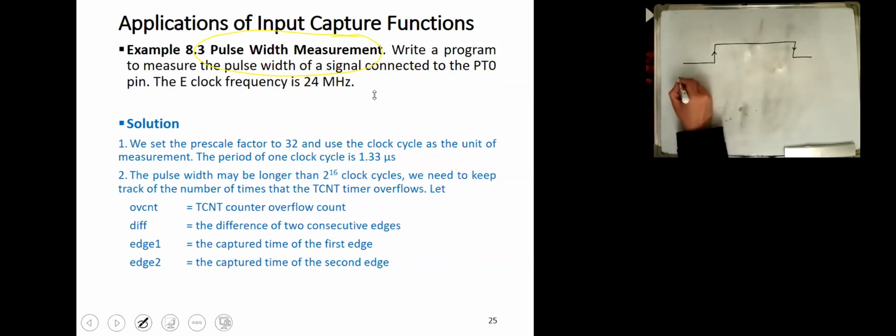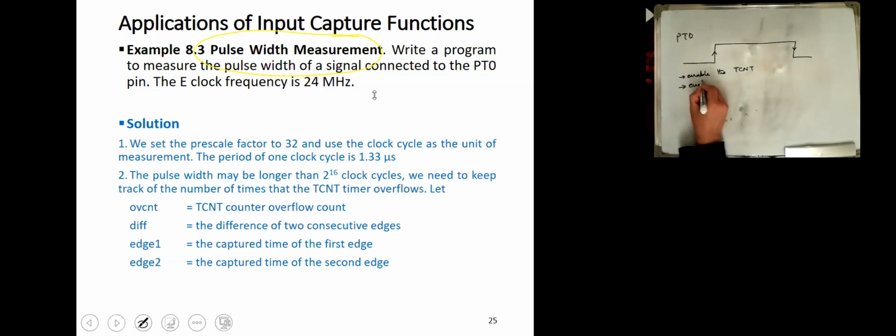So we need to enable the timer, which is our time base or time reference. We need to configure this, as the pulse is monitored on PT0, which means pin number 0 from port T, so we have to use input capture channel number 0.